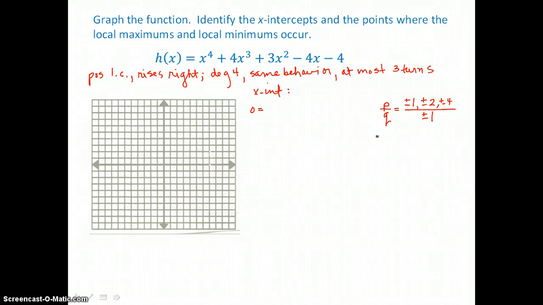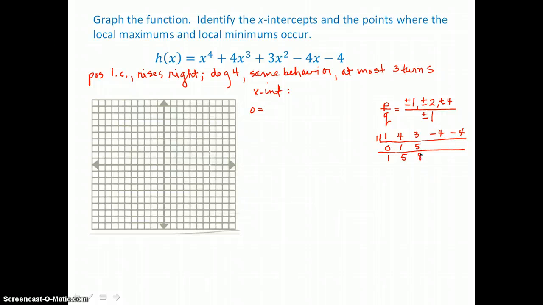So I'll begin my synthetic division here through the coefficients 1, 4, 3, -4, and -4. Every degree is represented. I'm going to start with 1 to see if that's a zero of this function. So I'll add and multiply. Add, multiply, 1 times 5 is 5.